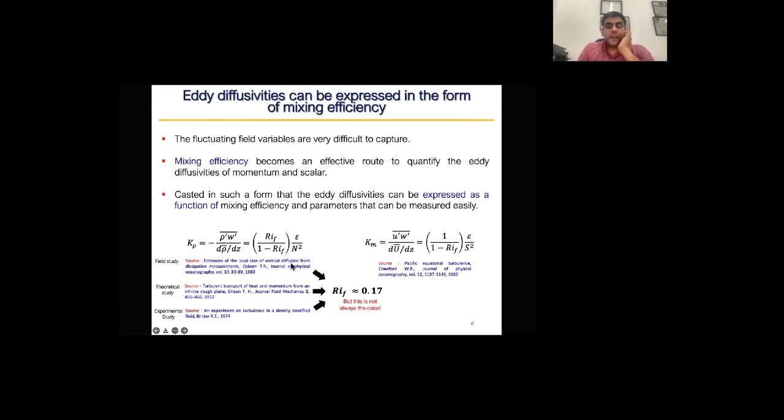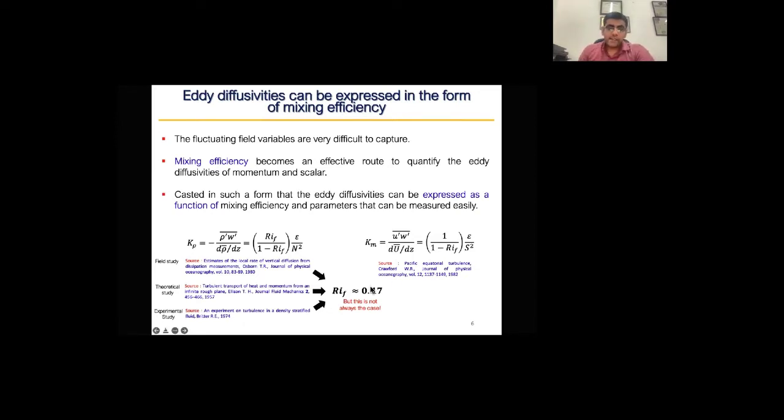Over the years, starting from 1980 or even 1957, this has been a topic of huge interest since the early 1950s, but even today it has a lot of ambiguities associated with it. Three independent studies, experimental, theoretical, and field, argued that RIF, which is the flux Richardson number or the mixing efficiency, has a universal value of 0.17, irrespective of whatever stratified shear flow you are dealing with.